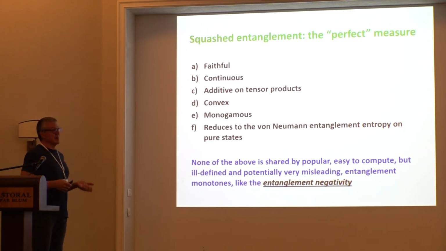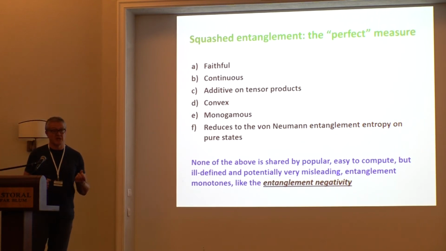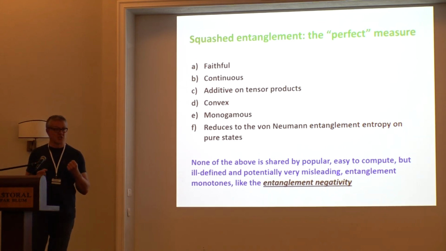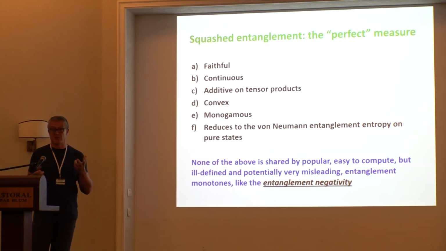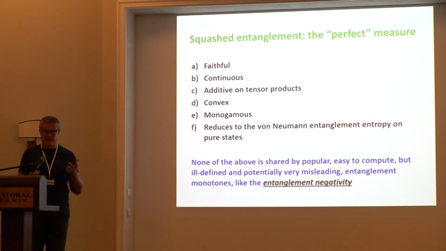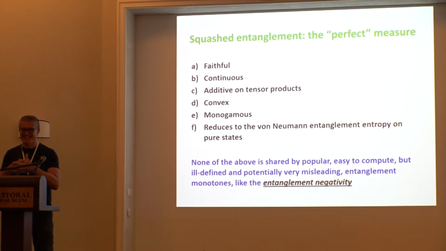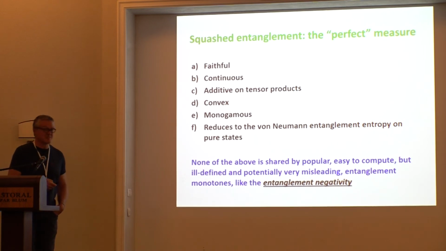And monogamy is also a very interesting property of entanglement, which tells you that if A and B are maximally entangled with each other, then neither A nor B can be maximally entangled with C, a third party. Monogamy in the sense that they stick together somehow. Many measures are monogamous, including squashed entanglement, and guess what? The negativity is not monogamous.